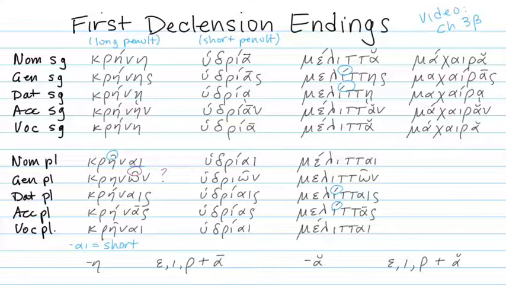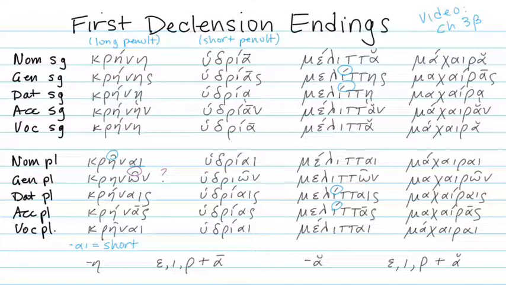Again, if you want to know about accent moving, look at chapter 3 beta. And then the last one, machairai, machairon, machairais, machairas, and machairai. So now that you've written all of them out, use your worksheet, practice them, and take a moment to notice what the patterns are, where these words are similar, where they're different, etc.